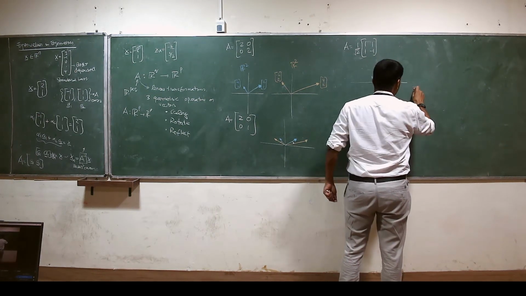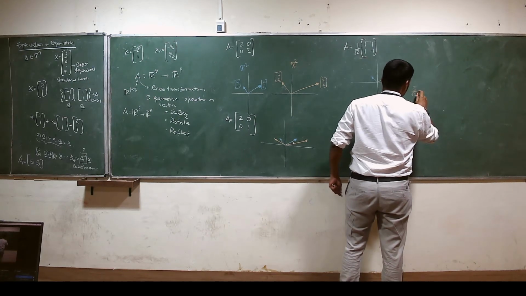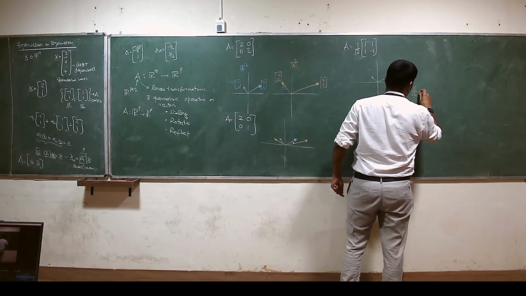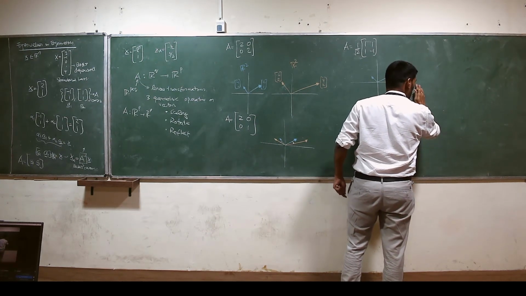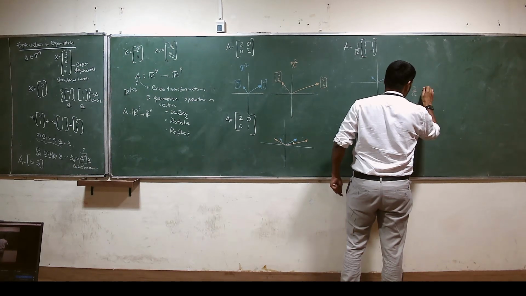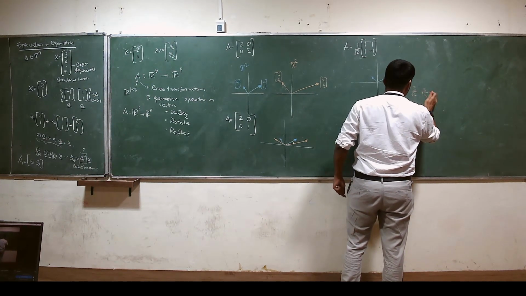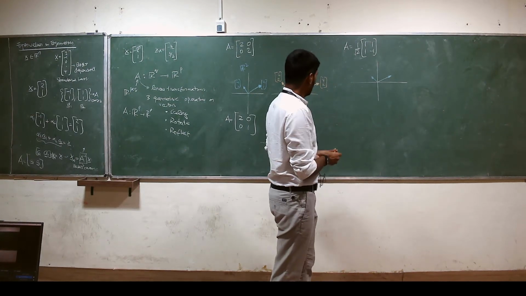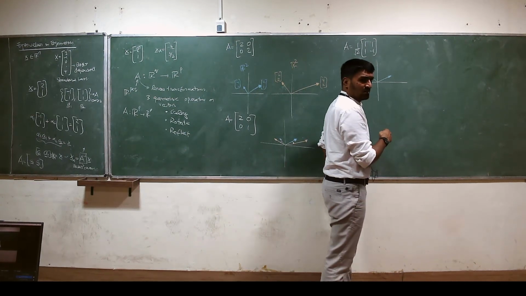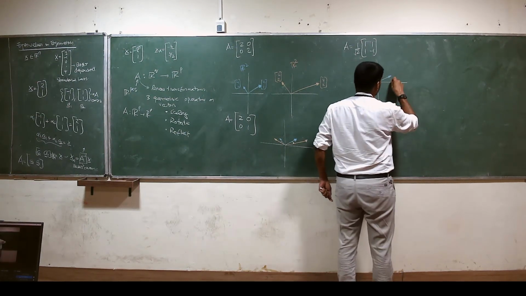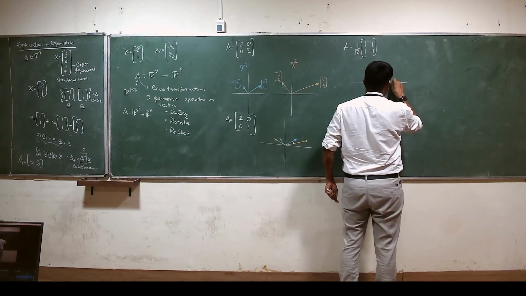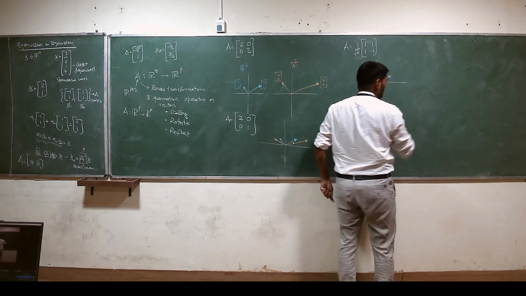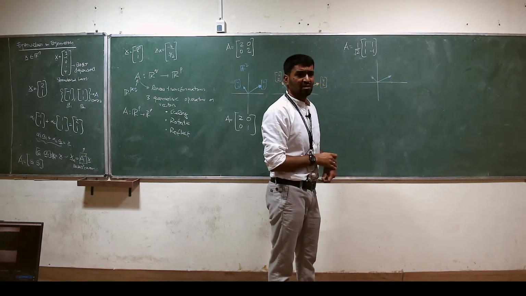Is that so? 3 by root 2. It's about greater than 2, is it? Okay, is that right? 2.12 is it? Okay. It's somewhere here. Why? 1 by root 2 is it? It's 0.7.